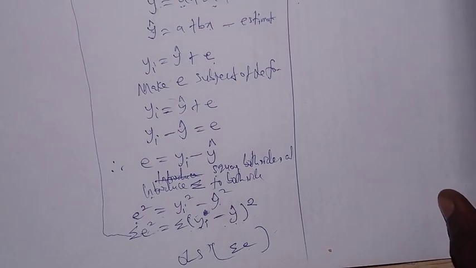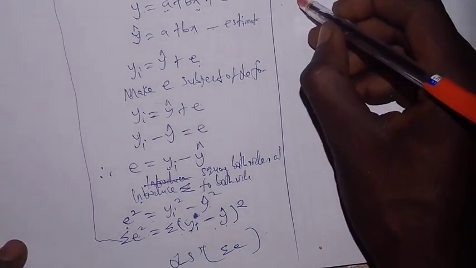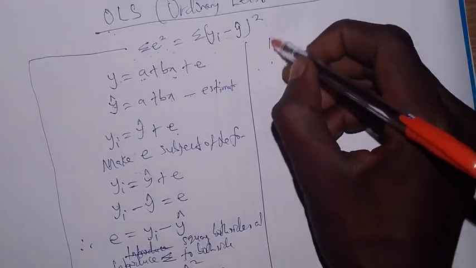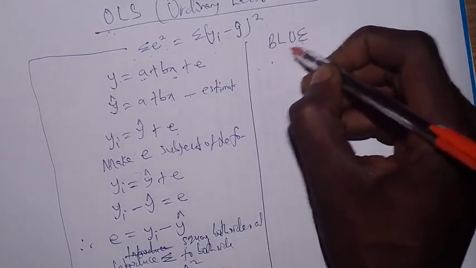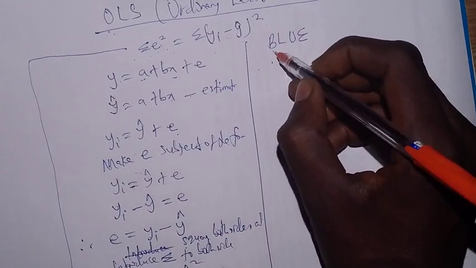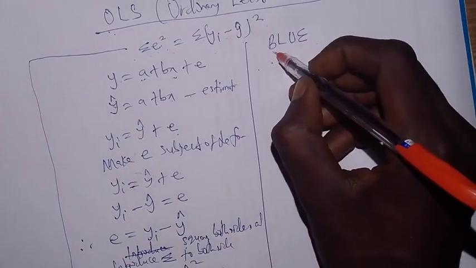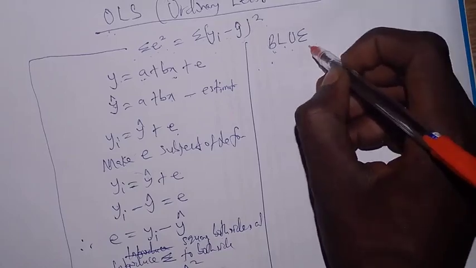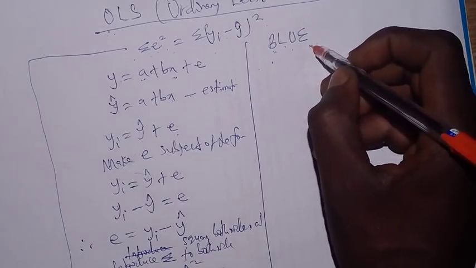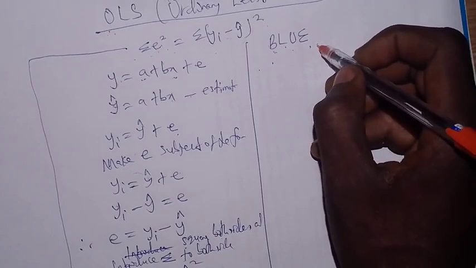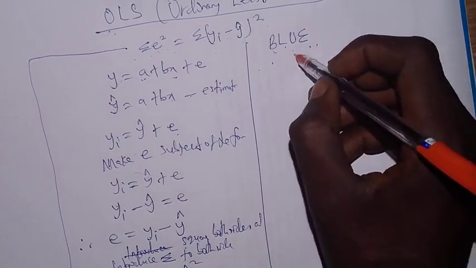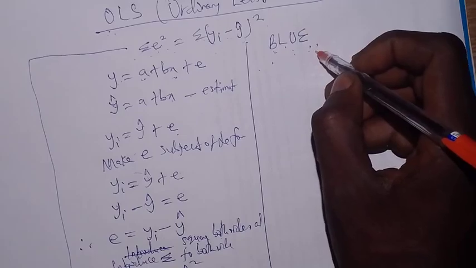Among the properties of OLS, we have what is called BLUE: best linear unbiased estimator. Best linear unbiased what? Estimator.